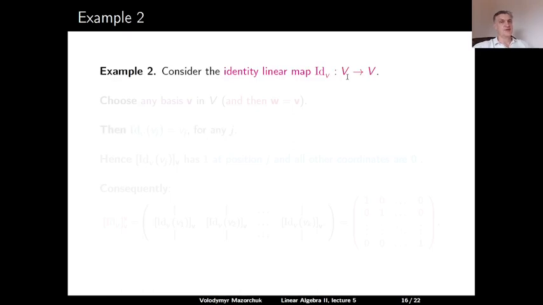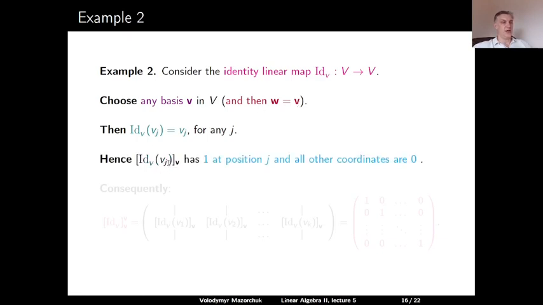Example 2. Consider the identity linear map from V to V. Choose any basis V in V, and since our domain is equal to the target vector space, as a basis W, we automatically get our basis V. Then the identity map sends V sub j to V sub j for any j, and in particular, the coordinates of Vj in the basis V are all zeros except for the one at position j.